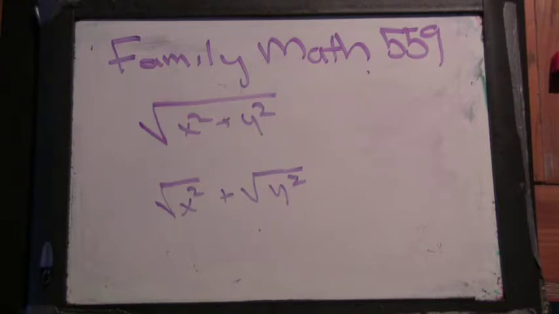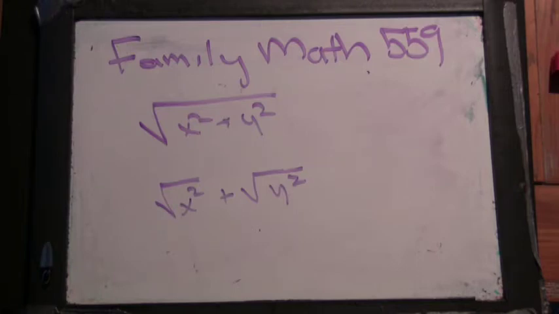So the square root of 4 is 2 or minus 2? No. The square root of 4 is not 2 or minus 2. It's the absolute value of 2, which, as a number, is what? 2. So the square root of 4 is 2.